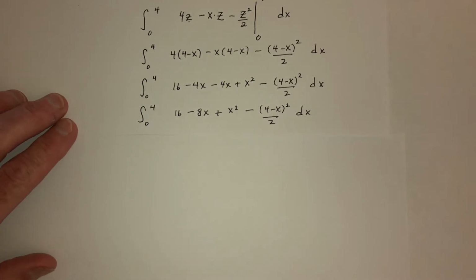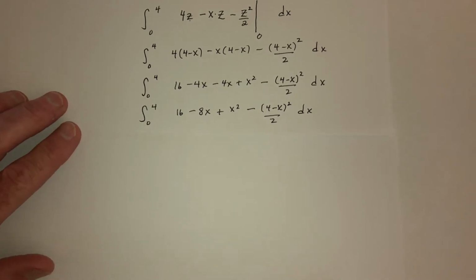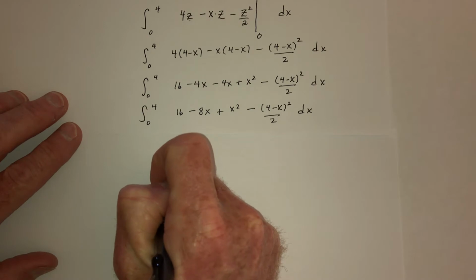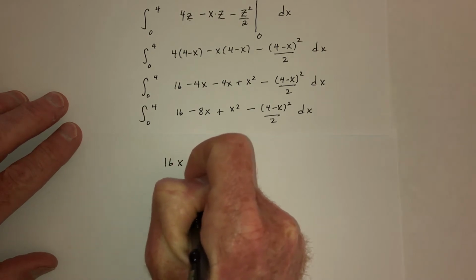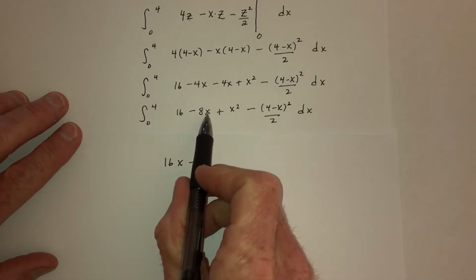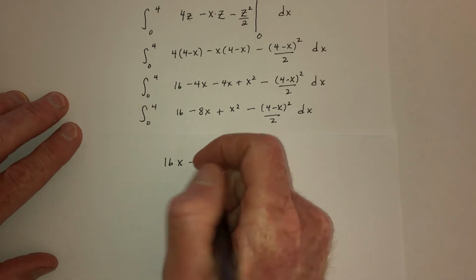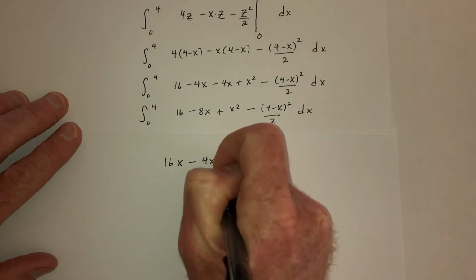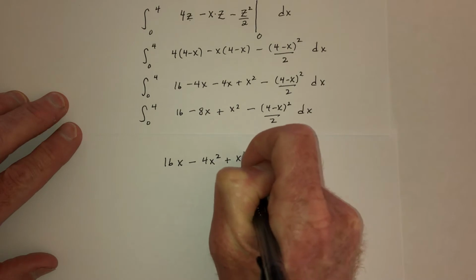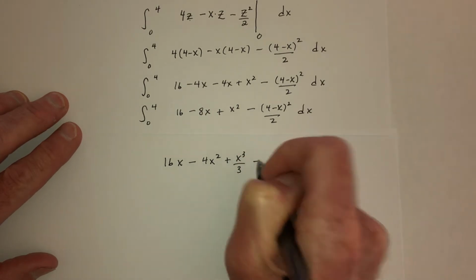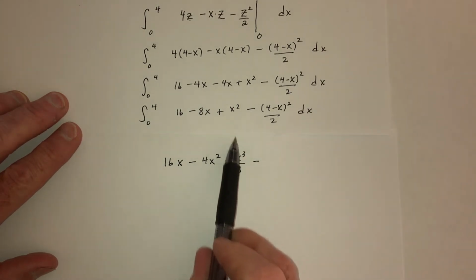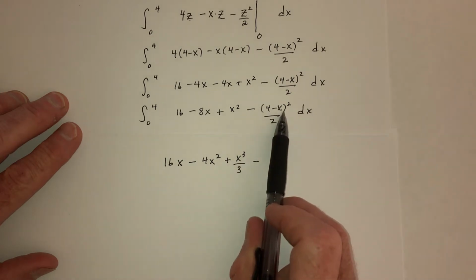Okay, last, integrate with respect to x. So this will be 16x. This one will become x squared over 2, which is going to make this a 4. And then x cubed over 3. And the way that I integrated this one, that's how I'm going to integrate this one.